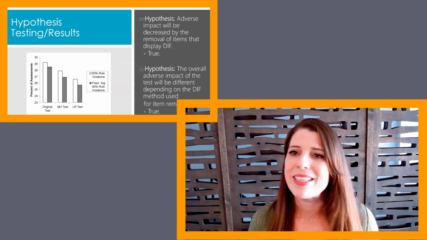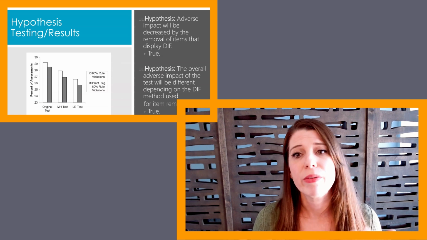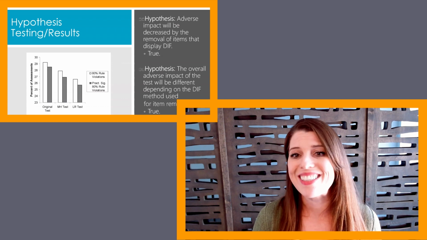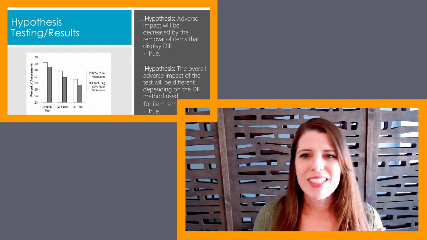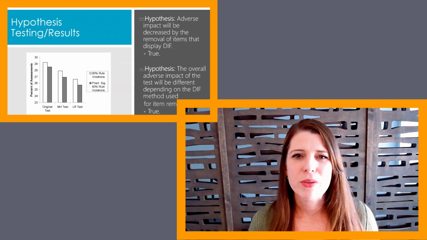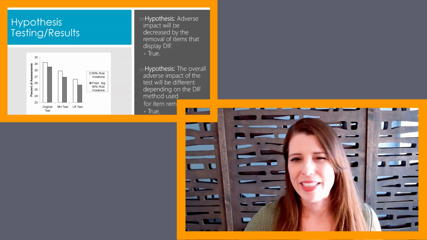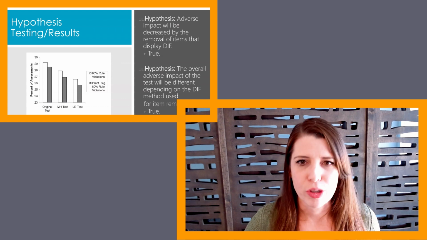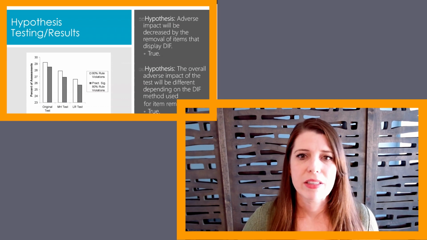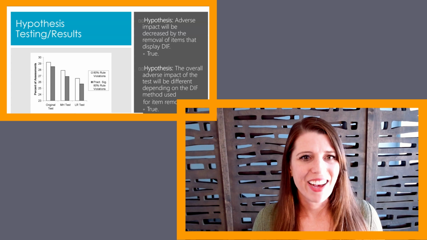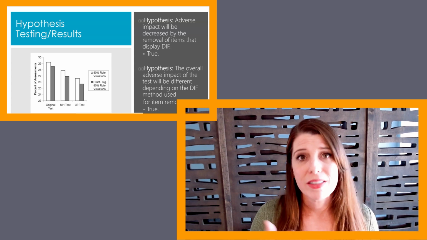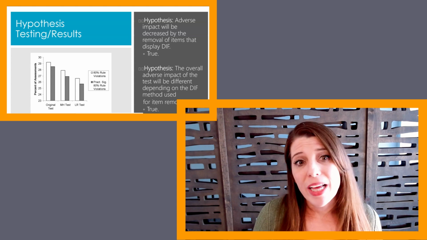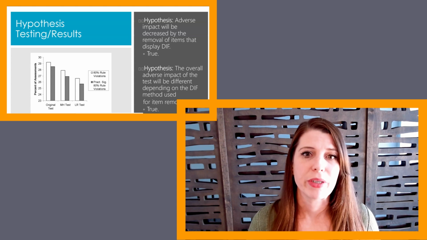And it's a pretty basic analysis where you just say whether or not the hiring rate of one group is less than 80% of the other group. It doesn't say whether or not there's adverse impact, only that there's a possibility and that further exploration should be done. When I compared the different ones, you will see that yes, in fact, the overall adverse impact of the test was lower and that it was different based on which method was chosen.